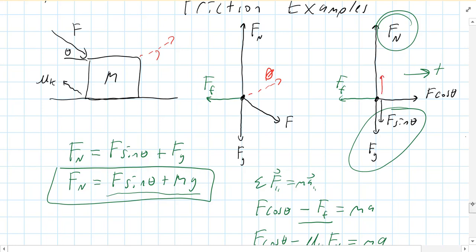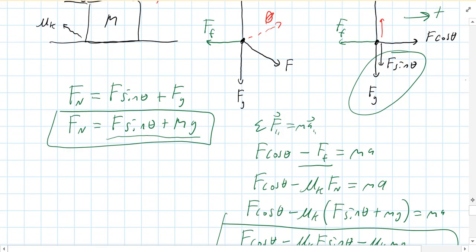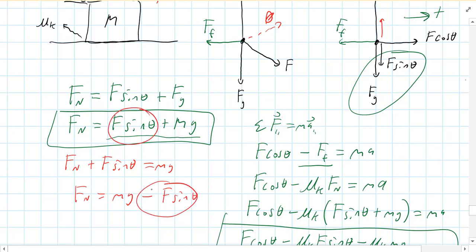For your F normal equation here, now you would have F normal plus F sine theta would equal mg. So F normal would be mg minus F sine theta. So instead of a plus F sine theta, now you have a minus F sine theta.